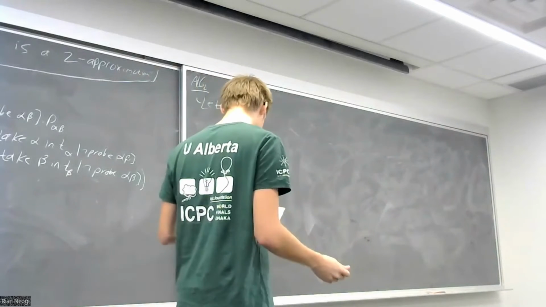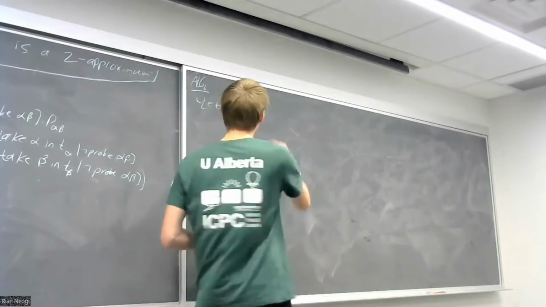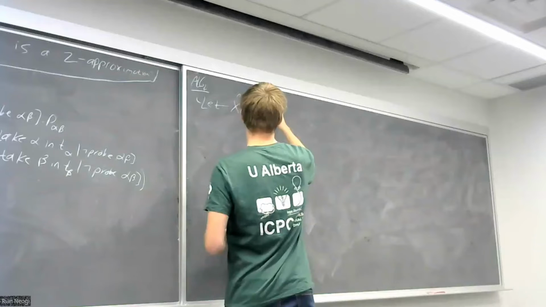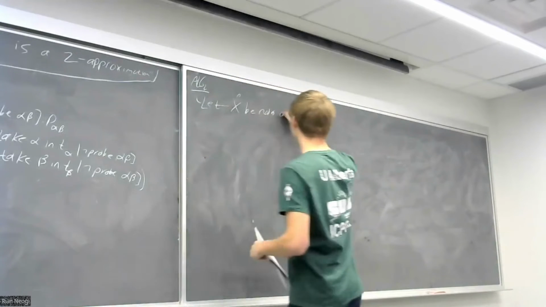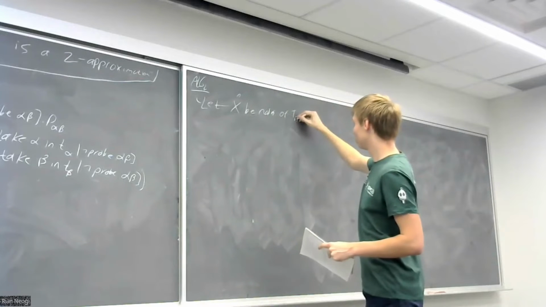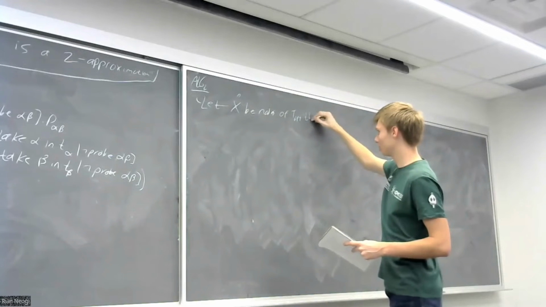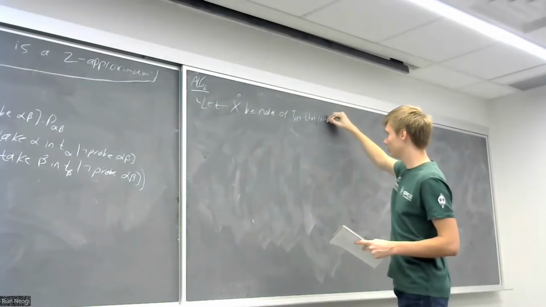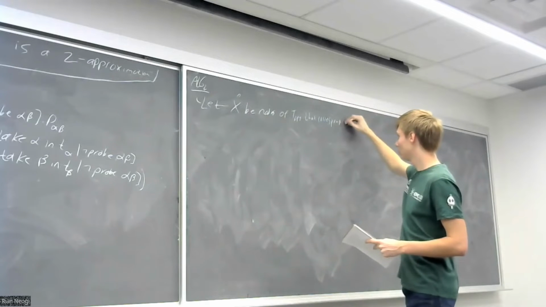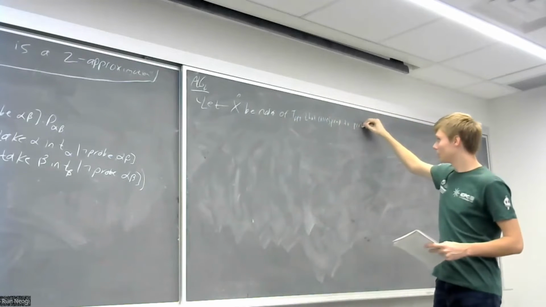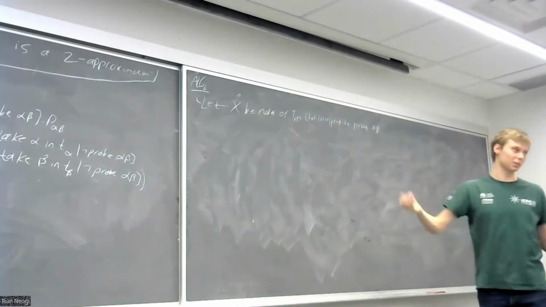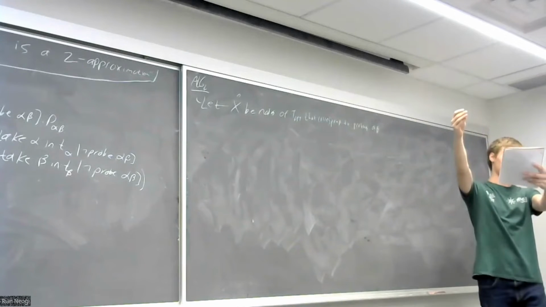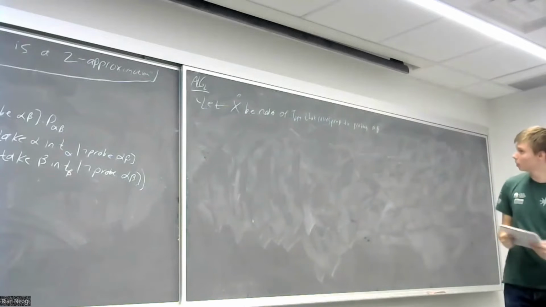So I'll write that down explicitly. We're going to let X be the nodes of the optimal tree that correspond to probing alpha beta. Note that none of these nodes are going to be ancestors or descendants of each other, because we can't possibly probe alpha beta and then further down the tree probe it again.